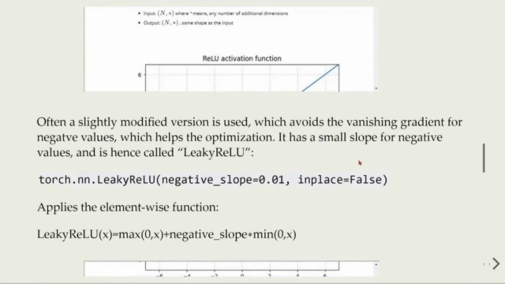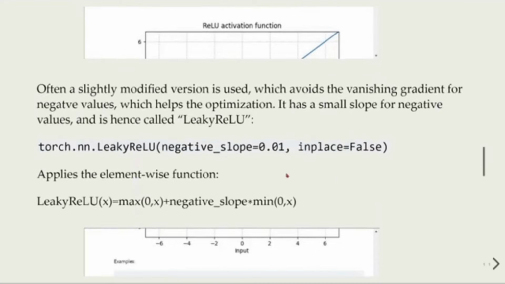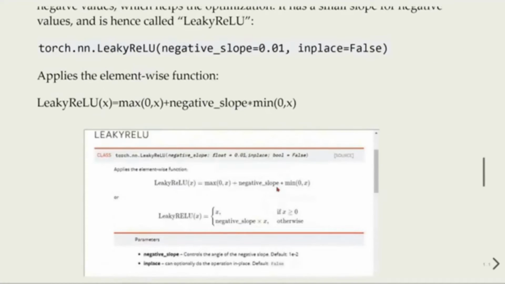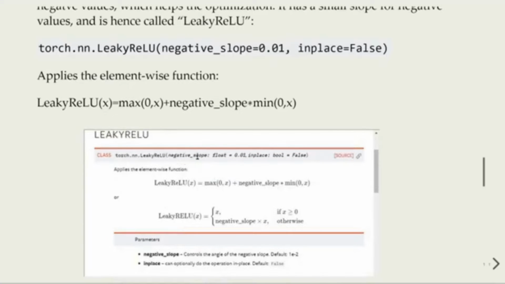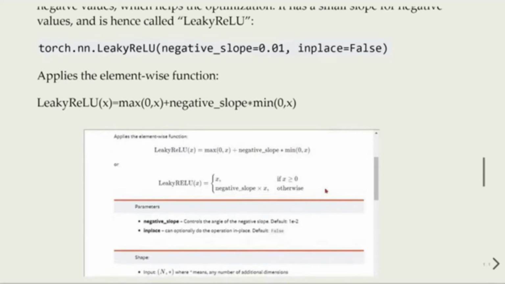The negative slope is a float that by default is 0.01, but we can change this, and this leaky ReLU will apply this function here. So we have this negative slope times the minimum of 0 and x.